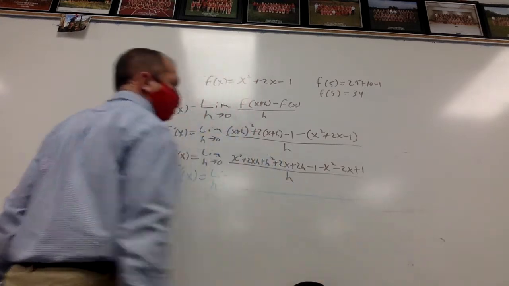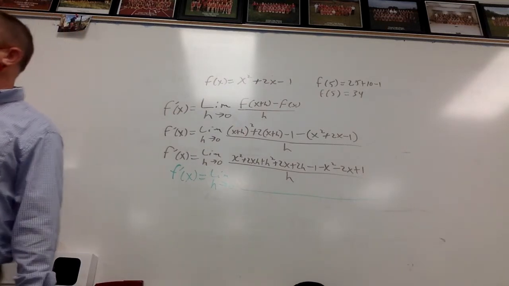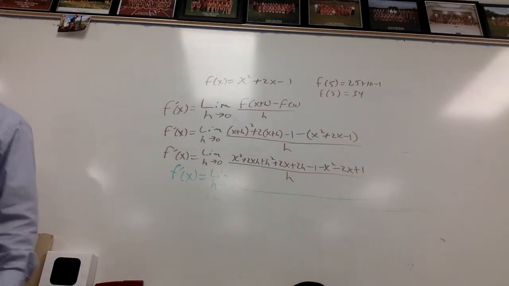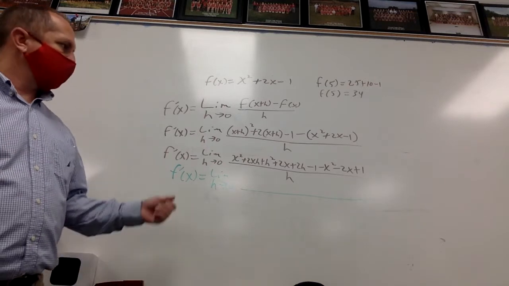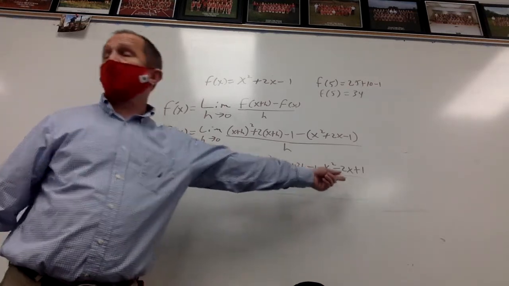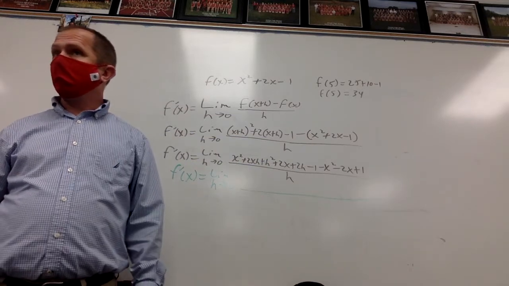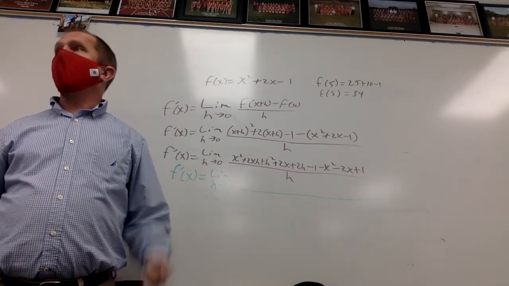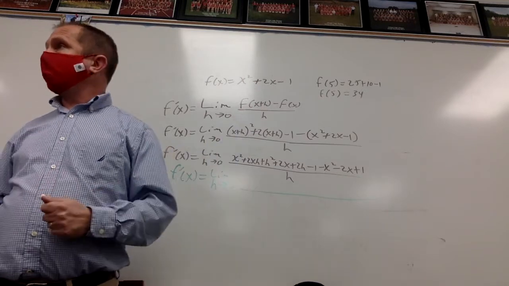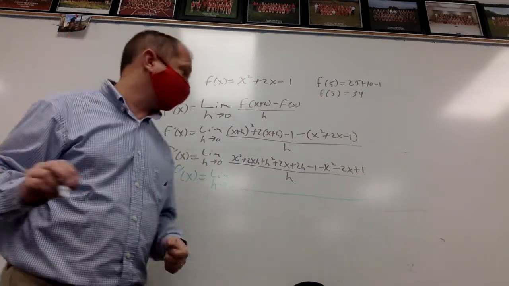Now, on this step right here, when you're dealing with polynomials, there's going to be a neat thing that's going to happen. If the term does not have an h in it, it's going to go away. Now, if it doesn't go away, then I've done something wrong. So it's kind of a checking point right here.